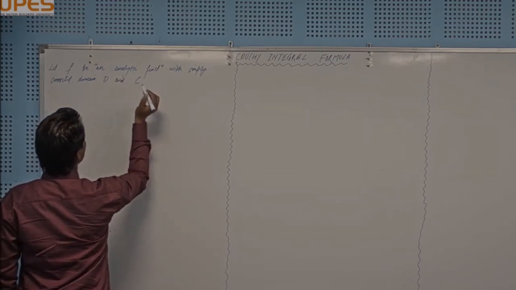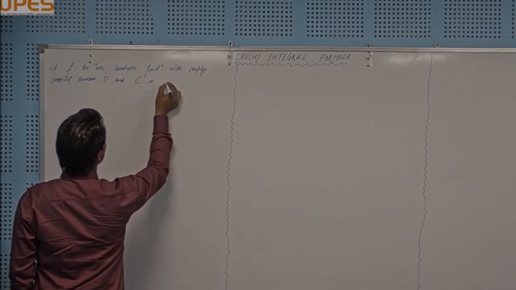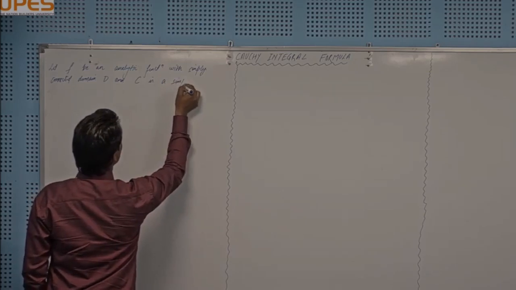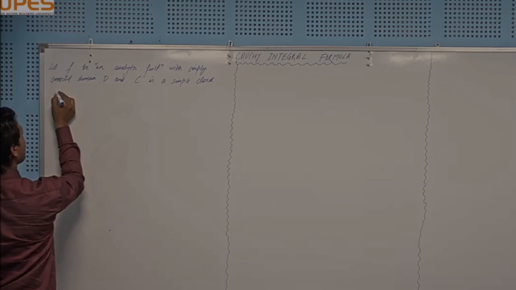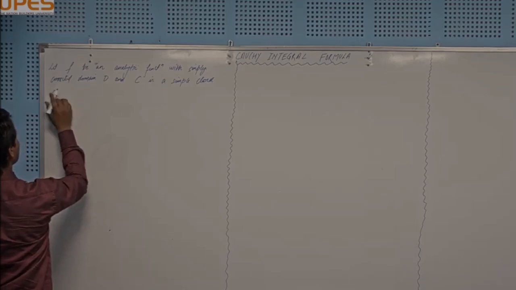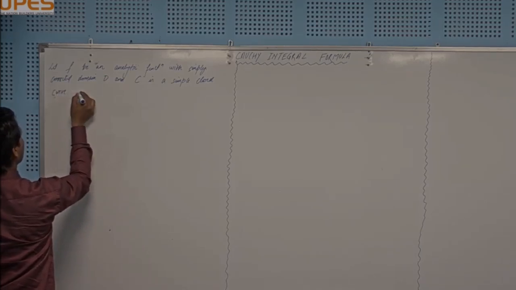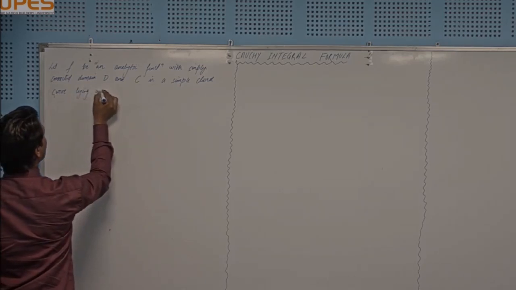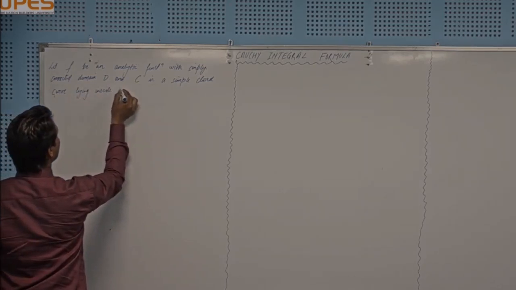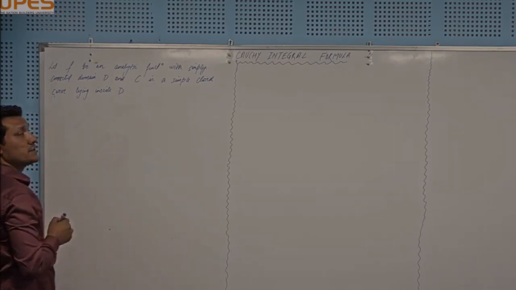And capital C is a simple closed contour, or you can write it as curve, lying inside D, right?